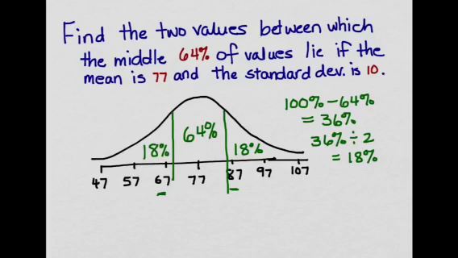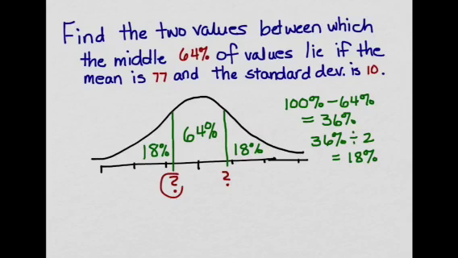Okay, so now if 18% is in each tail, what I'm concerned with, and I'm going to erase some of the stuff that I've done here, I'm going to take out these bottom values. I'm not really too worried about what those are. Okay. So first of all, I want to know what this value is. That's my left-hand boundary. And then we'll find the right-hand boundary.